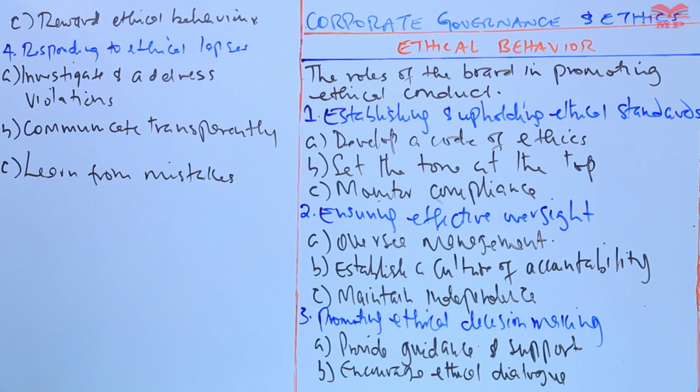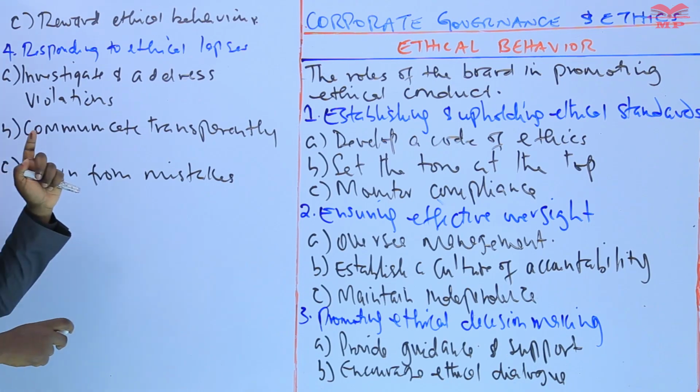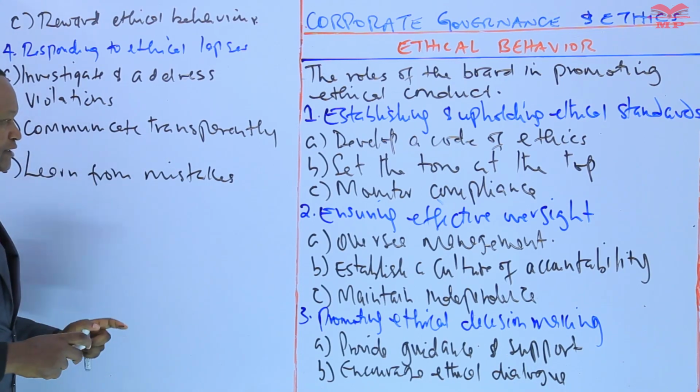The board should view ethical lapses as opportunities for learning and improvement. The board should analyze the root causes of violations and implement measures to strengthen the company's ethical culture and prevent similar issues from happening again.